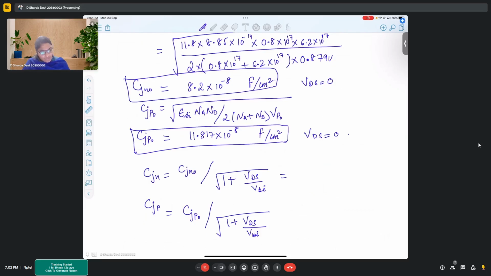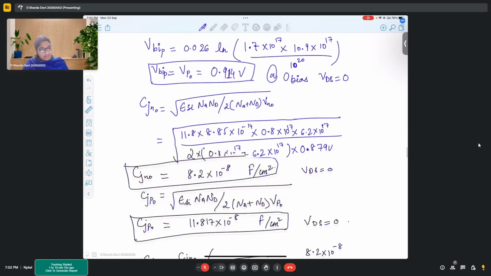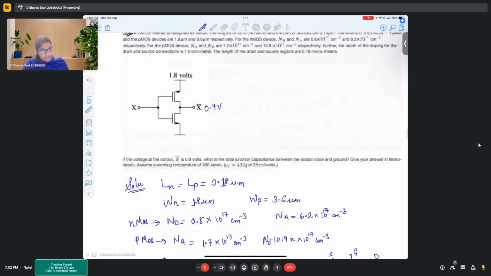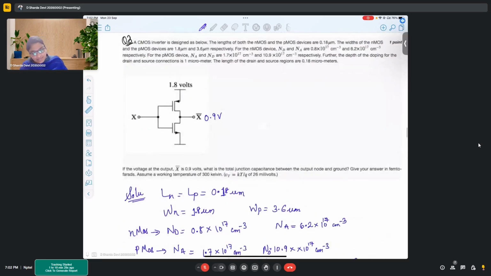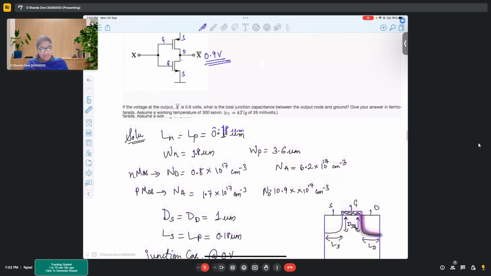So we already know the value of Cjn naught, right? 8.2 into 10 to the power minus 8 by root under 1 plus... What was the value of VDS in this particular circuit? This value is the VDS, that is already given.